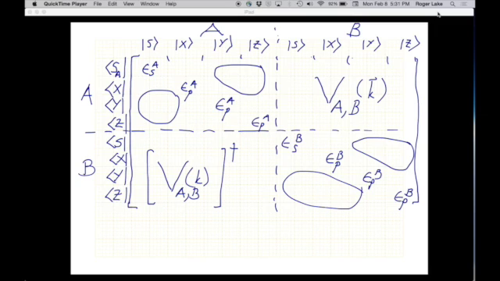So whatever the 4 by 4 matrix was up here, you do the transpose conjugate, and you put it down in the other lower block. That's the way every Hamiltonian must be, because it's Hermitian. So that's going to be the general form of your 8 by 8.